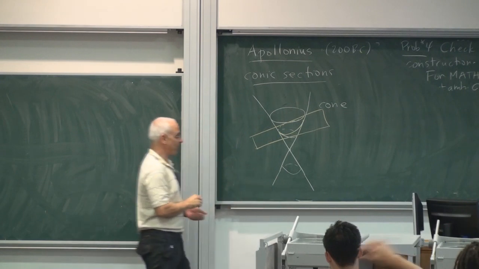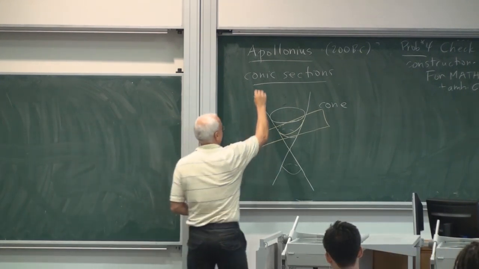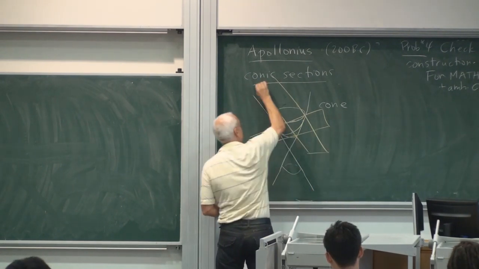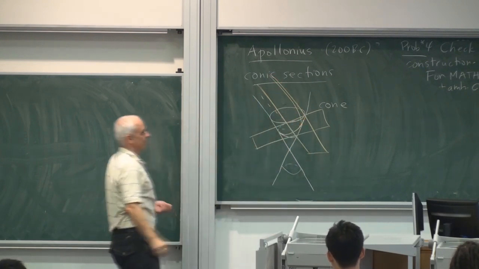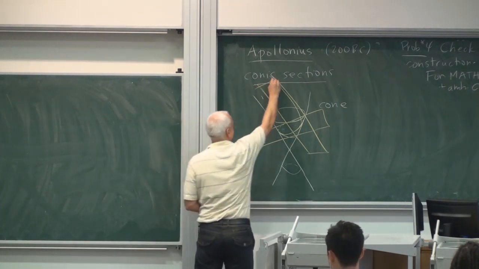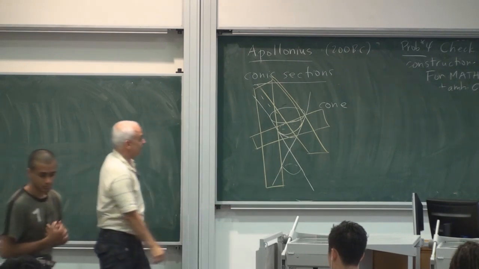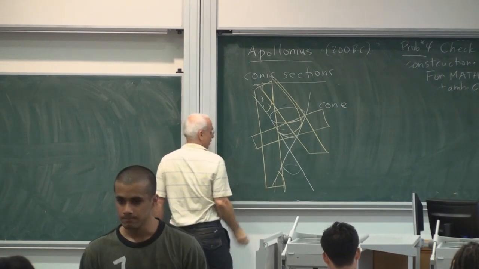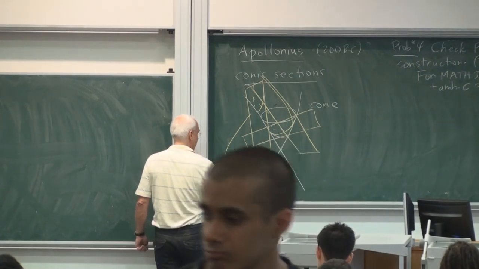In this case it might be an ellipse, or with a different kind of plane. If the plane was exactly parallel to one of the lines, something like this, then you would get a parabola. And if the plane was at some other inclination like that, then you get two branches, one here and one here, so you get a hyperbola.